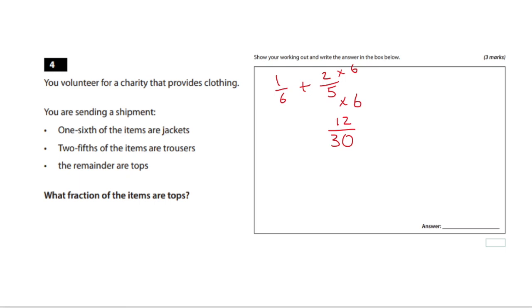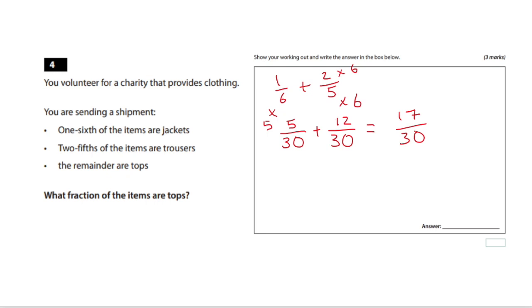So how do we get that 6 into a 30? We times that by 5, and we'll get 30. And whatever we do to the bottom, we do to the top as well. So 5 times 1 equals 5. See, now we've made the denominators the same. So now we can just add these fractions together, and we get 17 over 30.